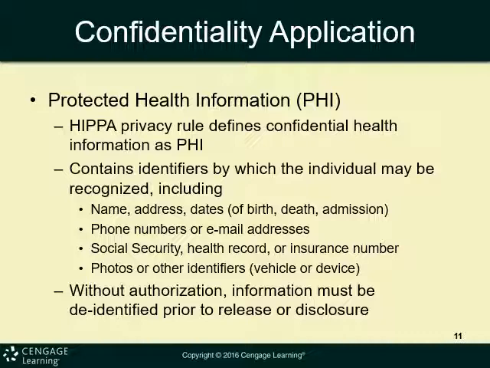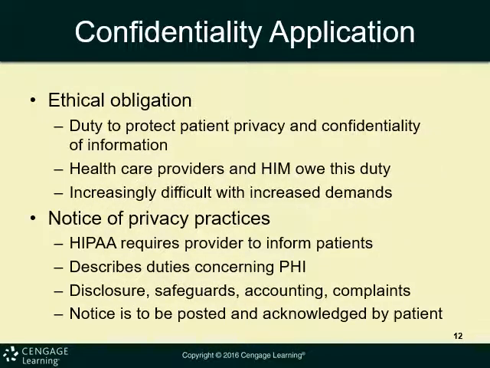Without the authorization, information must be de-identified prior to release or disclosure. An HIM professional possesses an ethical obligation to protect a patient's privacy and the confidential information that's contained in the patient's health record.